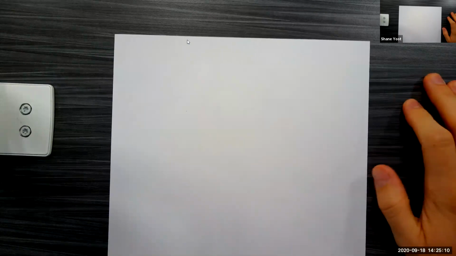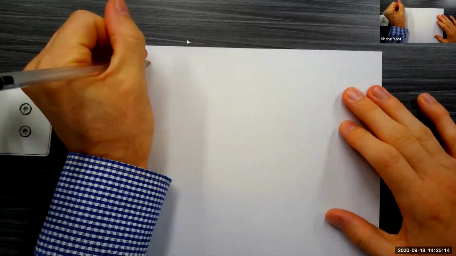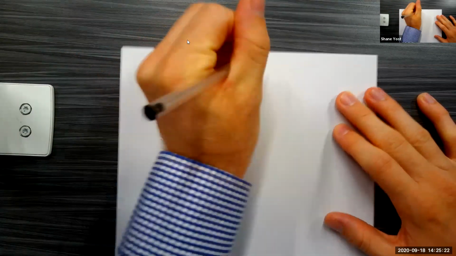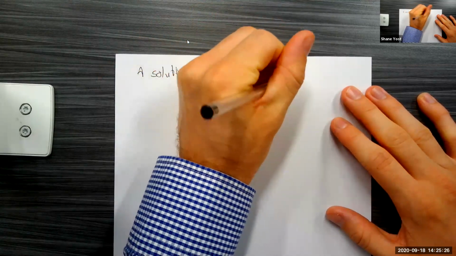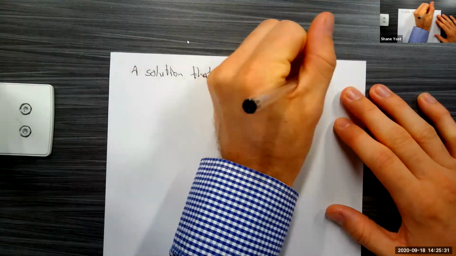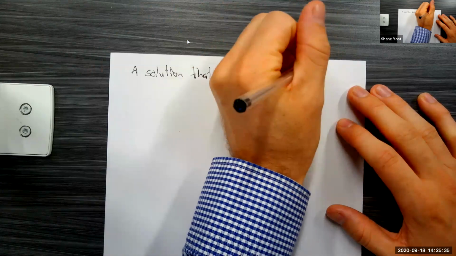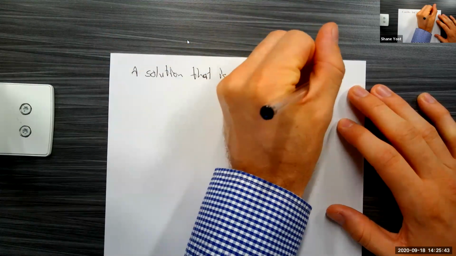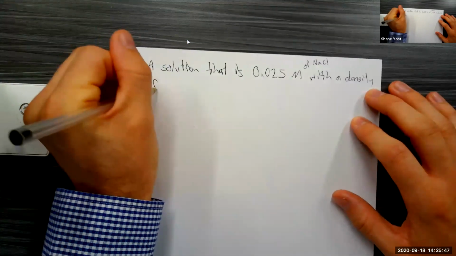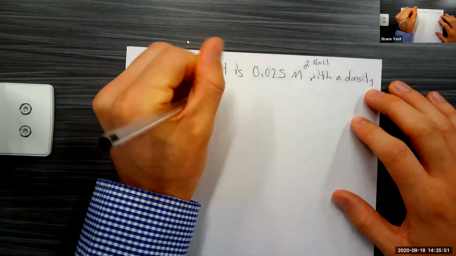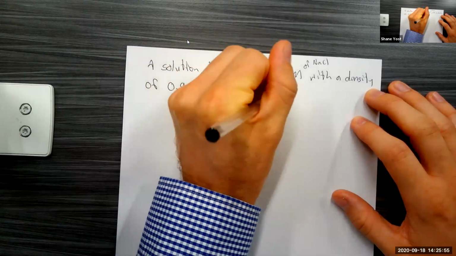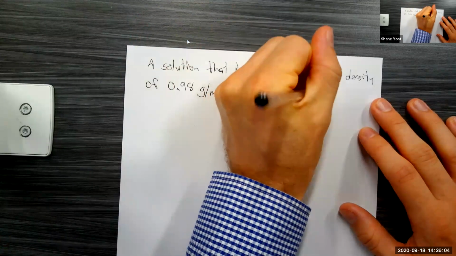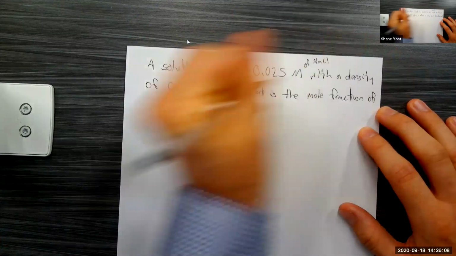Let's say we have a solution that is 0.025 molar, of, let's just say, salt, sodium chloride, with a density of 0.98 grams per milliliter. What is the mole fraction of NaCl?